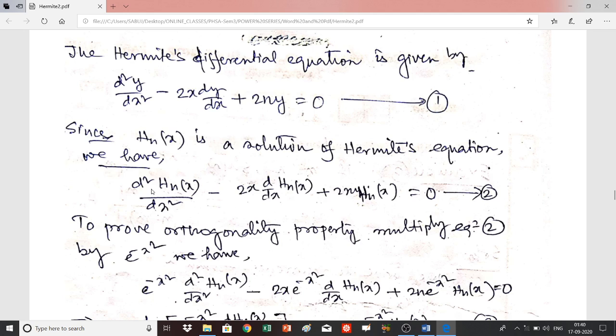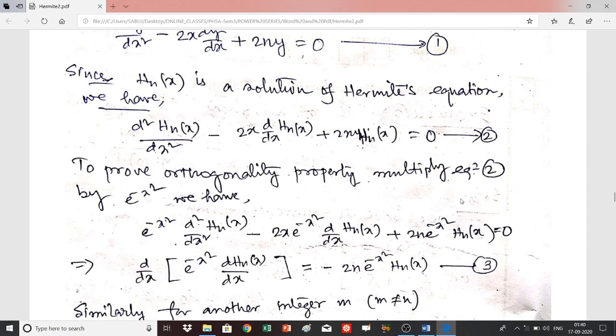So from this relation you have d2 by dx square H_n(x) minus 2x dH_n(x)/dx plus 2n H_n(x) is equal to 0. This is equation 2. To prove the orthogonality property, we have to multiply equation 2 by e to the power minus x square.